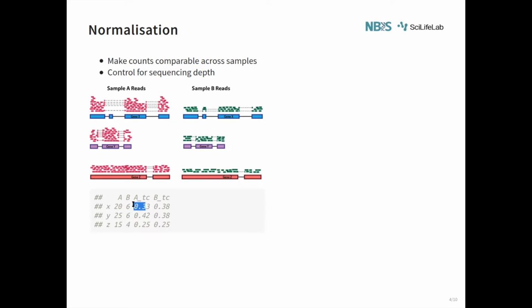And then this should be comparable. That's the idea here. It's important that you know it, but in practice we never just do total count normalization and use those rates, because you need to do a bit more.